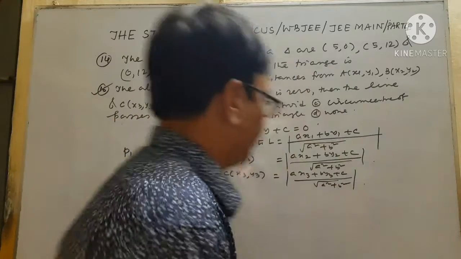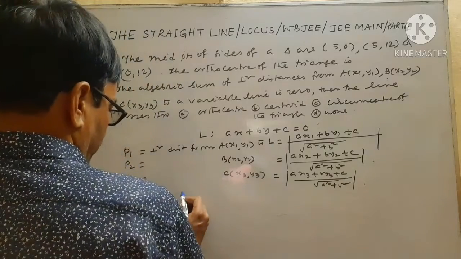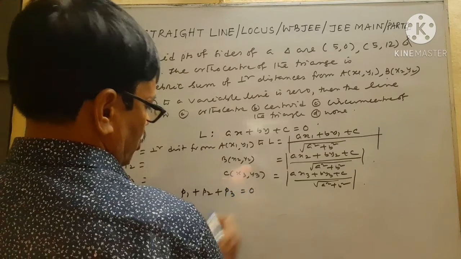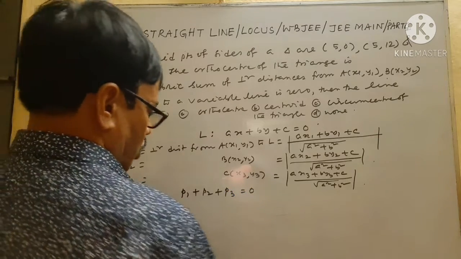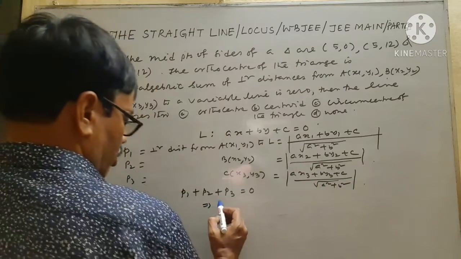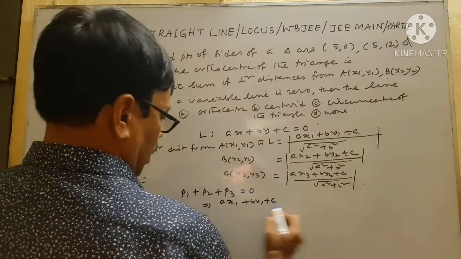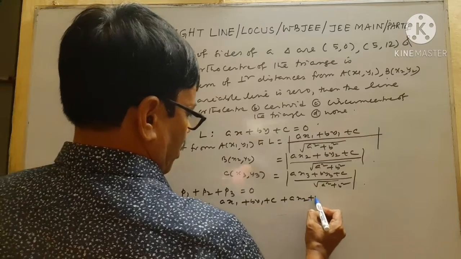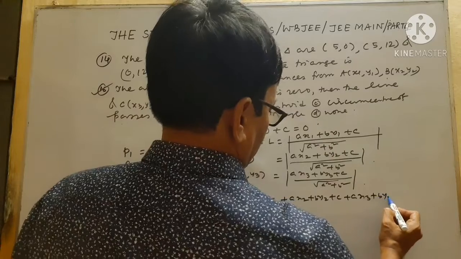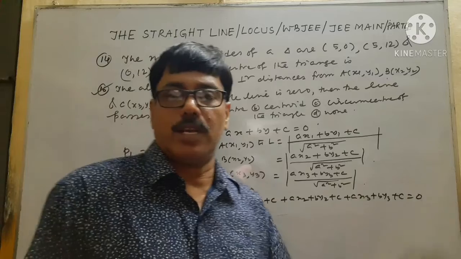So given P1 plus P2 plus P3 equals 0, this implies, if we omit the modulus sign, (ax1 plus by1 plus c) plus (ax2 plus by2 plus c) plus (ax3 plus by3 plus c) equals 0, because the denominator term is the same.